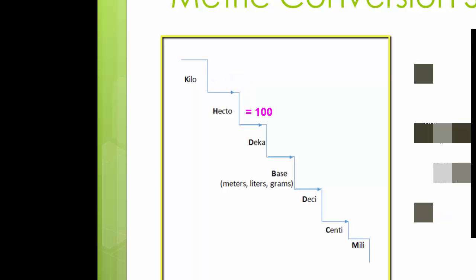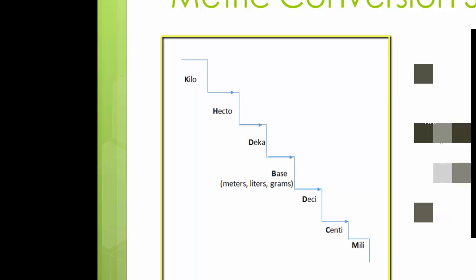Hecto is equal to 100. The third step down is deca, which is equal to 10. The fourth one down we call base, and that's our base measurements either in meters, liters, or grams, and that has a value of 1. So if we're measuring meters, it would be 1 meter. If we're measuring liters, it would be 1 liter, and grams would be 1 gram.